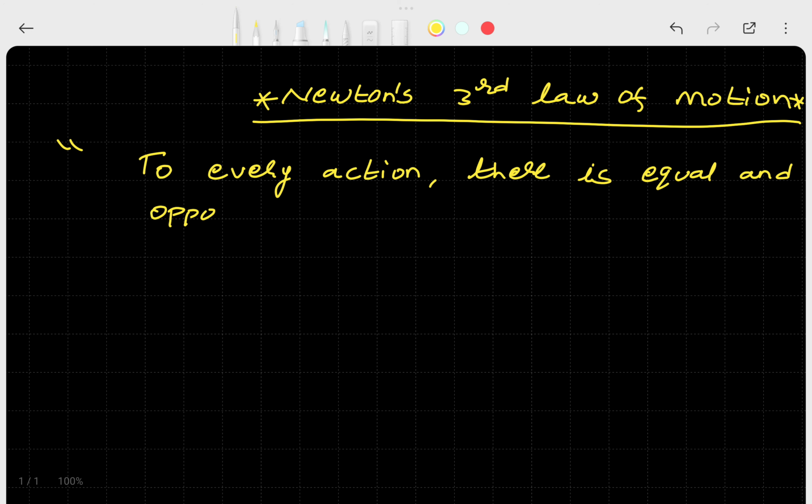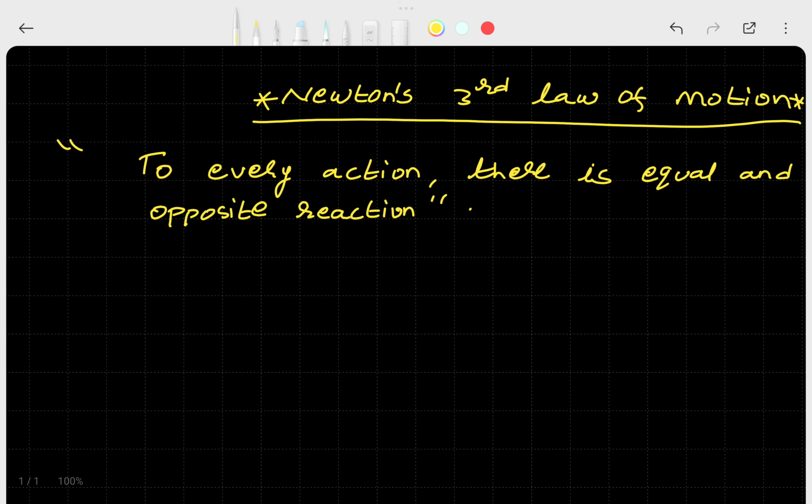The statement is very simple, but the gist is very difficult. 90% of students are able to tell this statement, but they do not know Newton's third law.